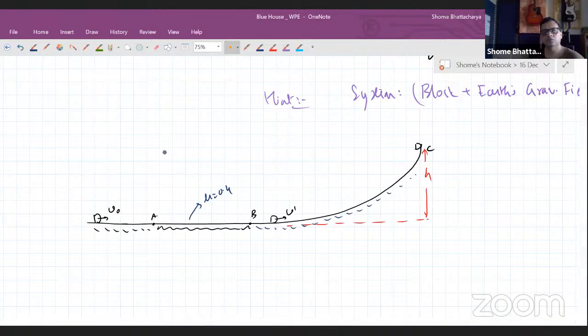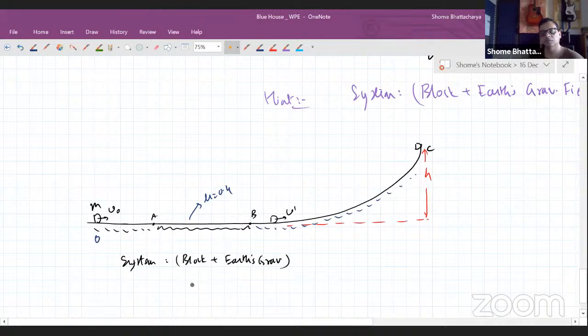Okay, so from the initial position, let's say O, to this position C, if we take a system as the block, let's say mass m, plus the Earth's gravitational field, we can say that the work done by friction, which is the work done by the non-conservative force, will be equal to the change in kinetic energy plus change in gravitational potential energy, because there isn't any work done by external force.